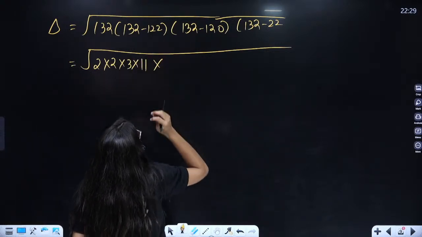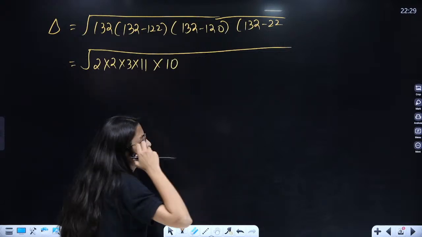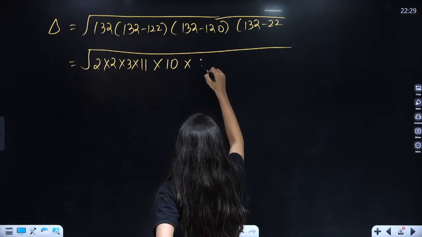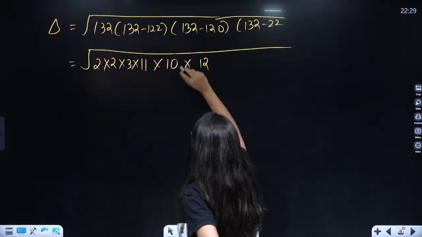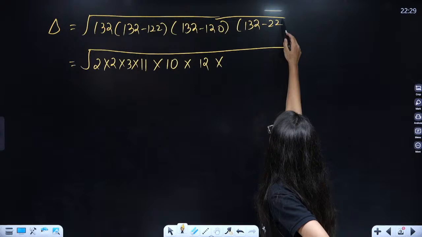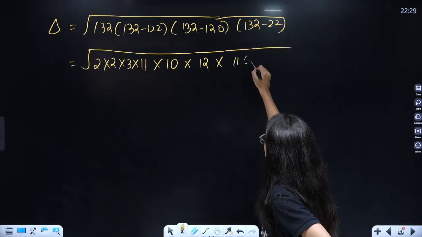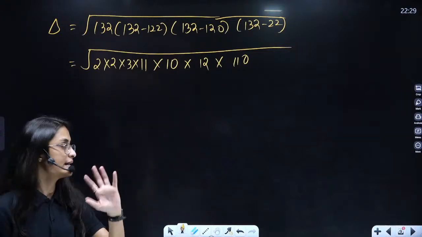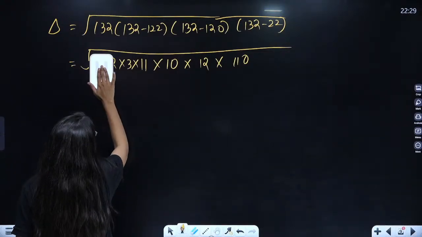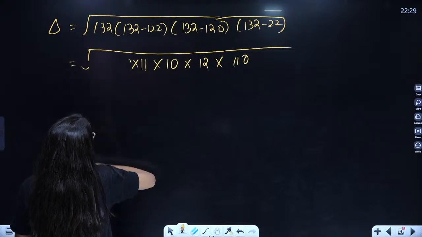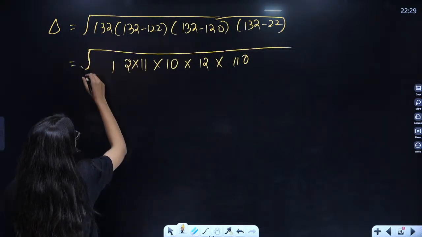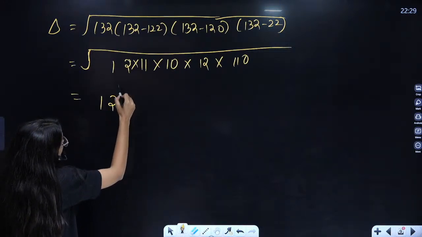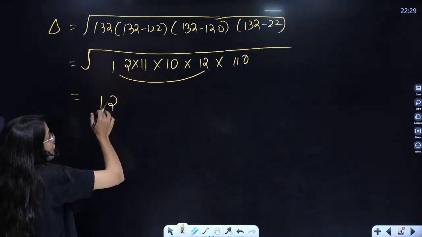Then here you have 10, I'm writing it as 2. Then here you have 12. 32 minus 20 will be 12. 132 minus 22 is 110. For everyone's understanding, write this 2 into 3 as 12. It'll be easier for us. Now I can take 12 common. I can take the pair of 12 outside the bracket.